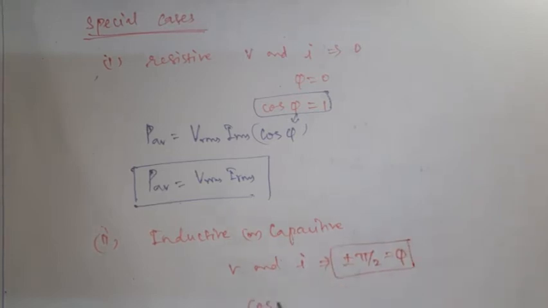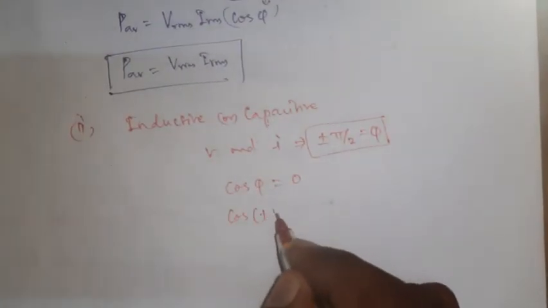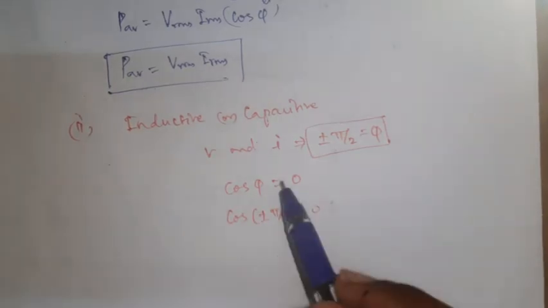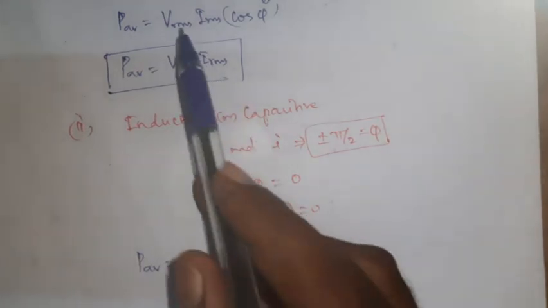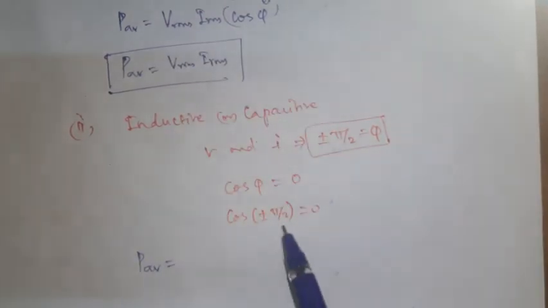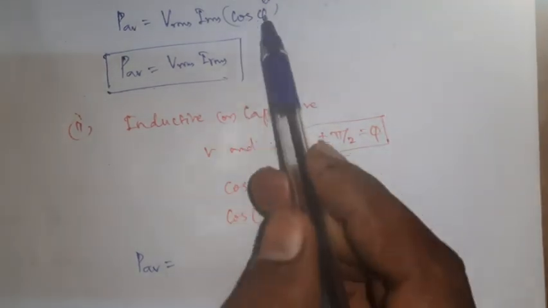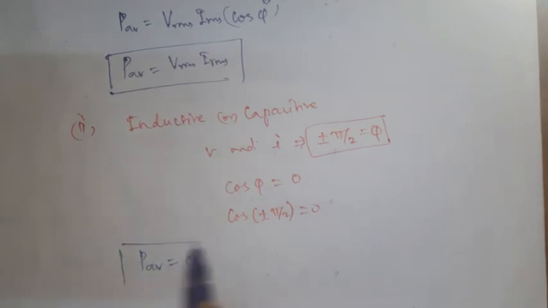So cos phi is going to be 0, because cos of plus or minus pi by 2 is 0. Now we substitute in the average power equation. PAV is equal to Vrms Irms, where cos phi is cos of plus or minus pi by 2, which is 0. If we substitute 0 here, everything goes to 0. So the average power is also 0.